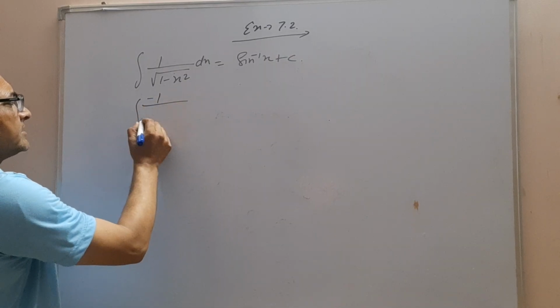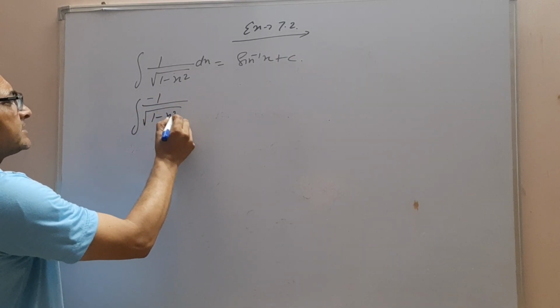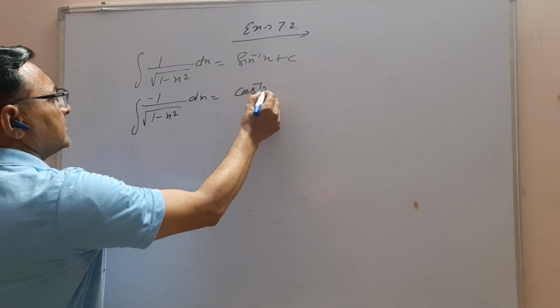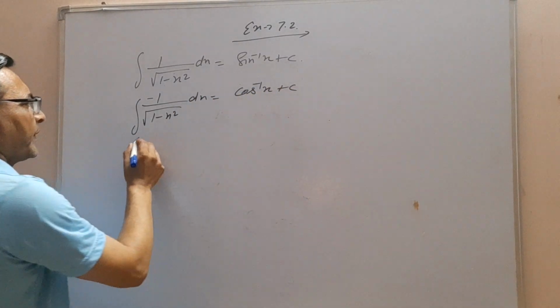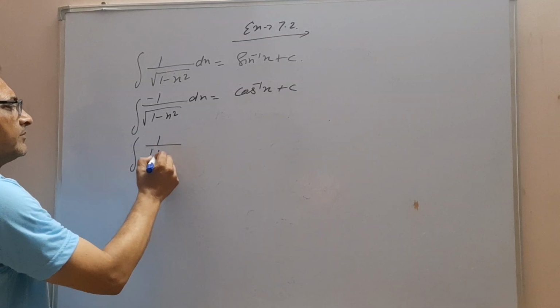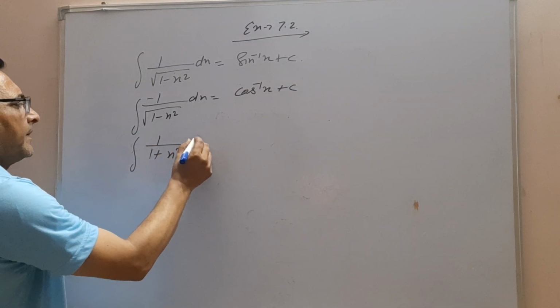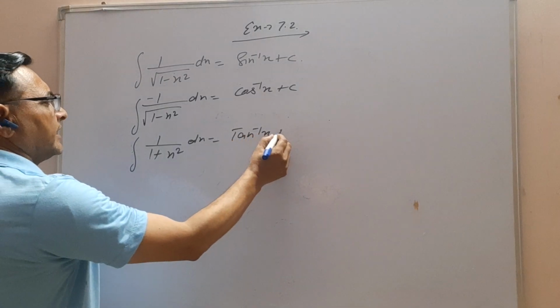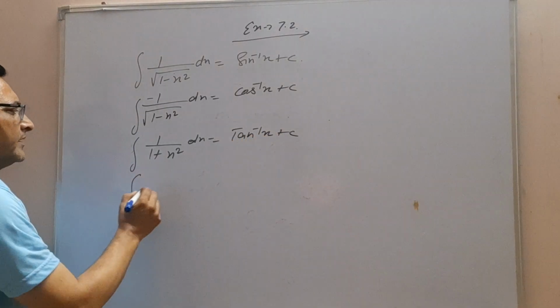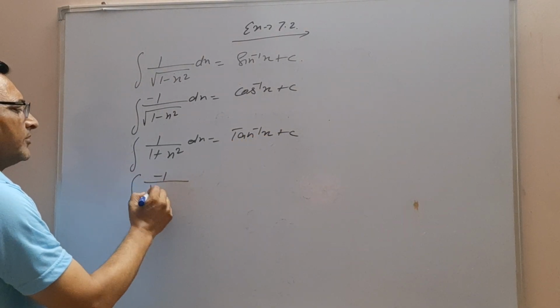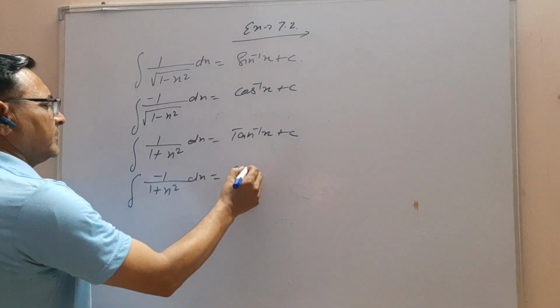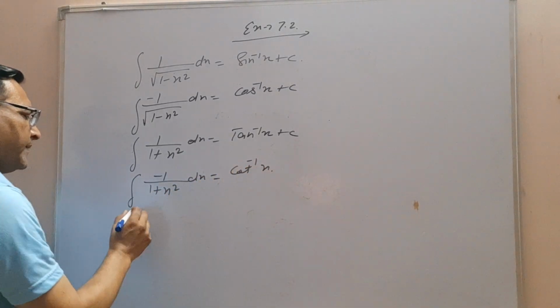And if there is minus 1 upon root 1 minus x square into dx, its integration will be cos inverse x. 1 upon 1 plus x square, its integration will be tan inverse x. And minus 1 upon 1 plus x square, its integration will be cot inverse x.